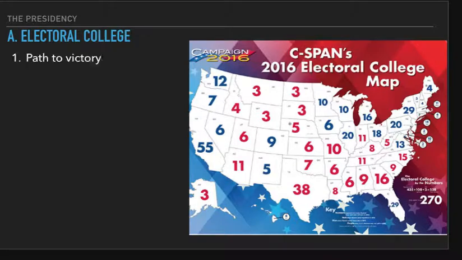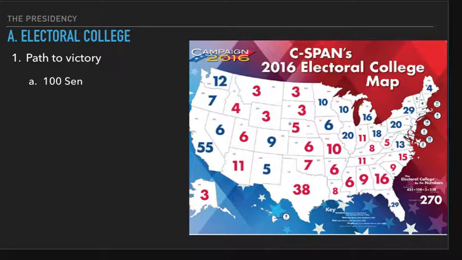So when we look at the Electoral College, you have to look at this system in order to understand the path to victory for a presidential candidate. As we mentioned in class on Friday, you could still win the popular vote but not become president because you lose the Electoral College. The Electoral College is what matters, and so you need to make sure that you have enough of these electoral votes to win the presidency.